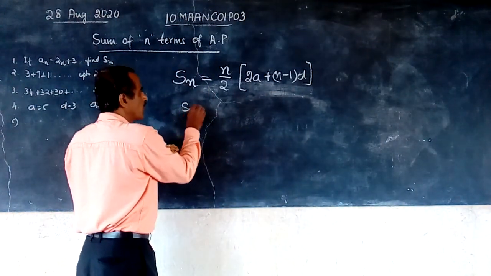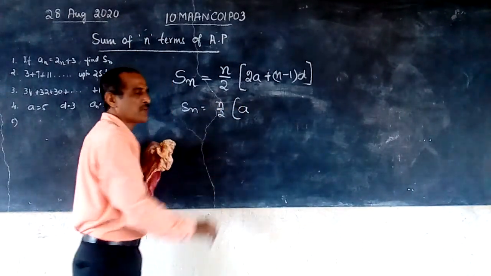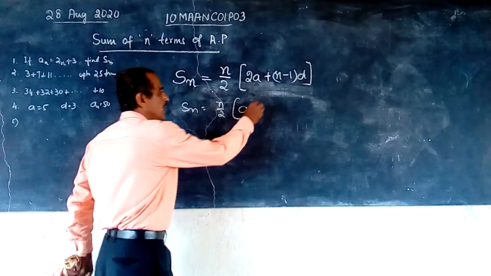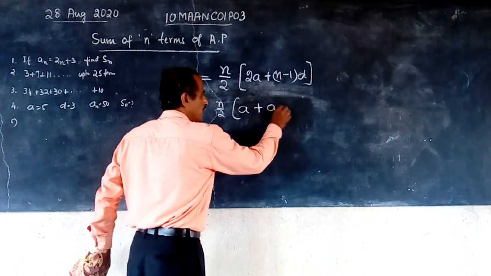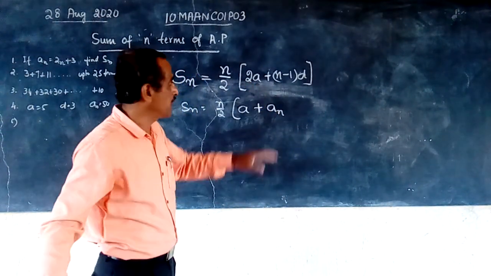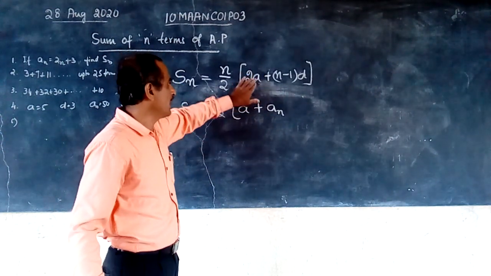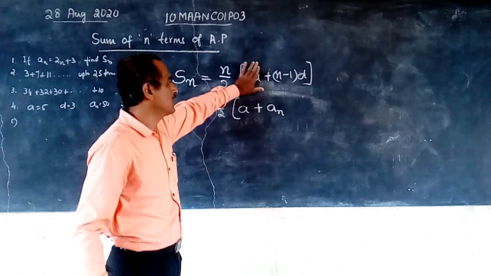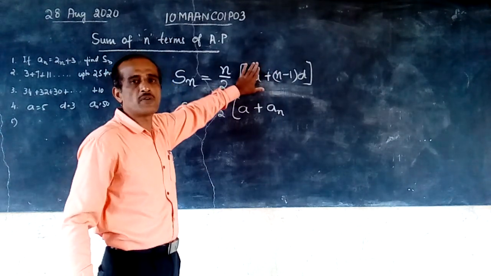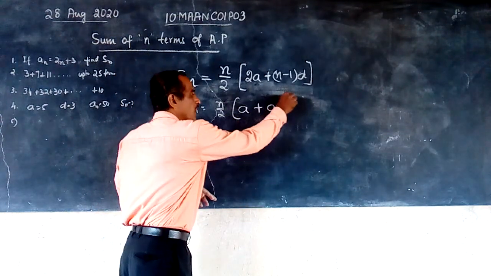So instead of this, you can also write Sn is equal to n by 2 into (a plus an), where a is the first term of the arithmetic progression and an is the last term. If you write 2a as a plus a, one a stays, and the other a plus (n minus 1)d becomes an, as we saw in the last class. Therefore, this formula you can also use.